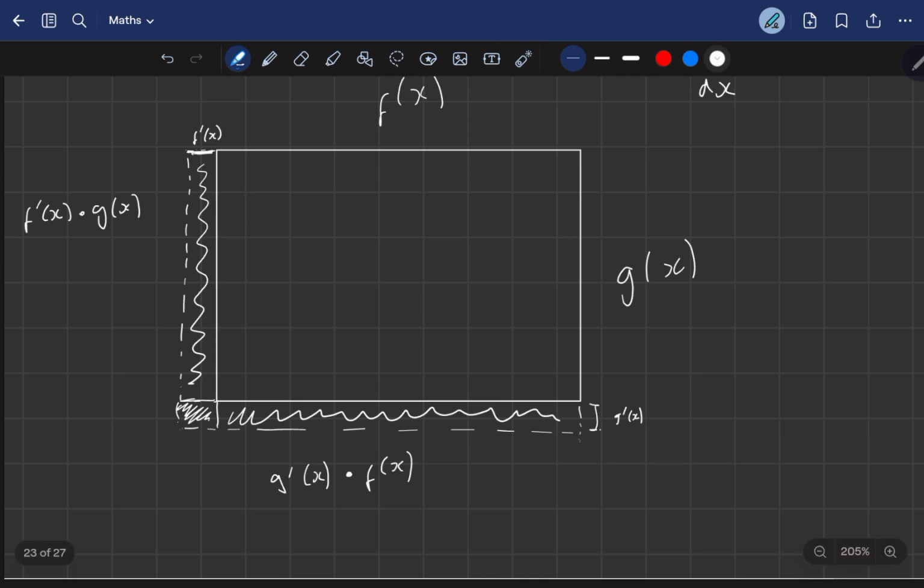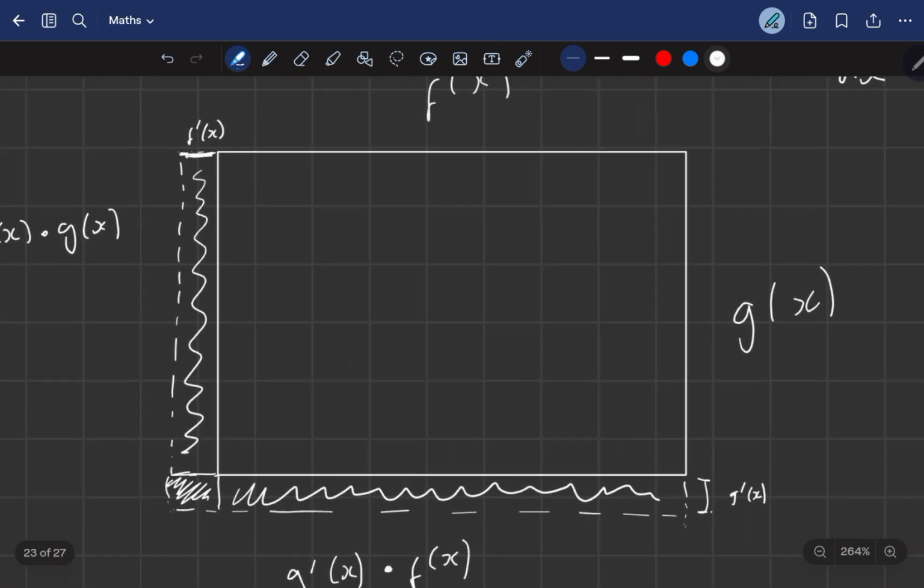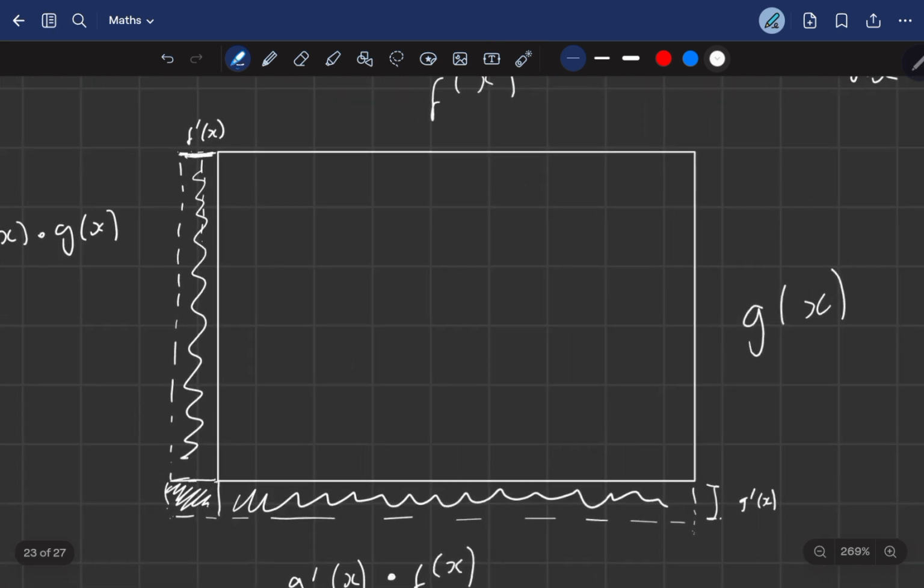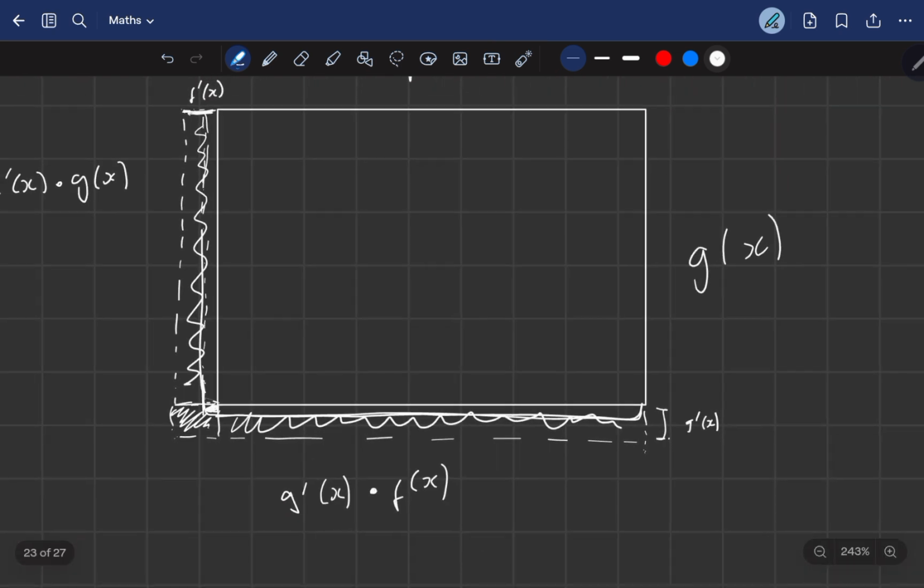However, remember, a derivative is the change in output as the change in x tends towards 0. So as we reduce the change in x, these rectangles get very, very thin. This means that this piece in the very corner will tend towards 0.